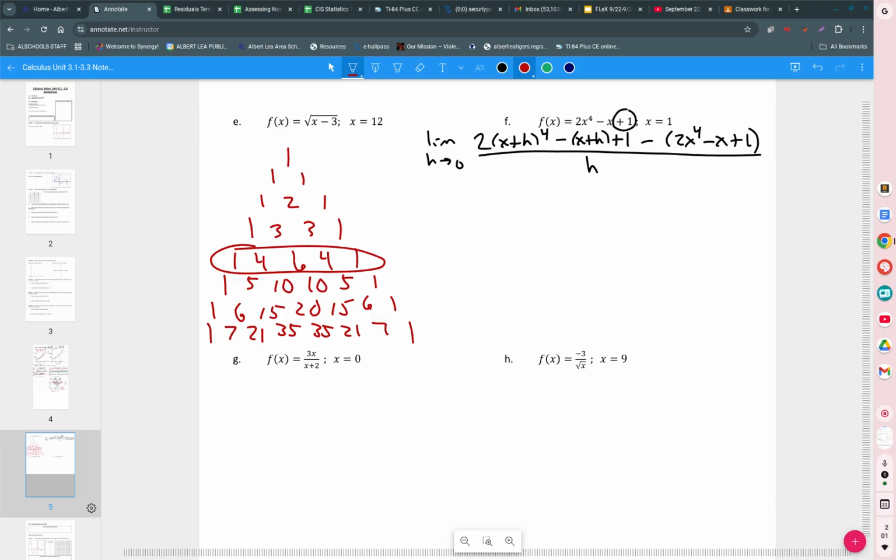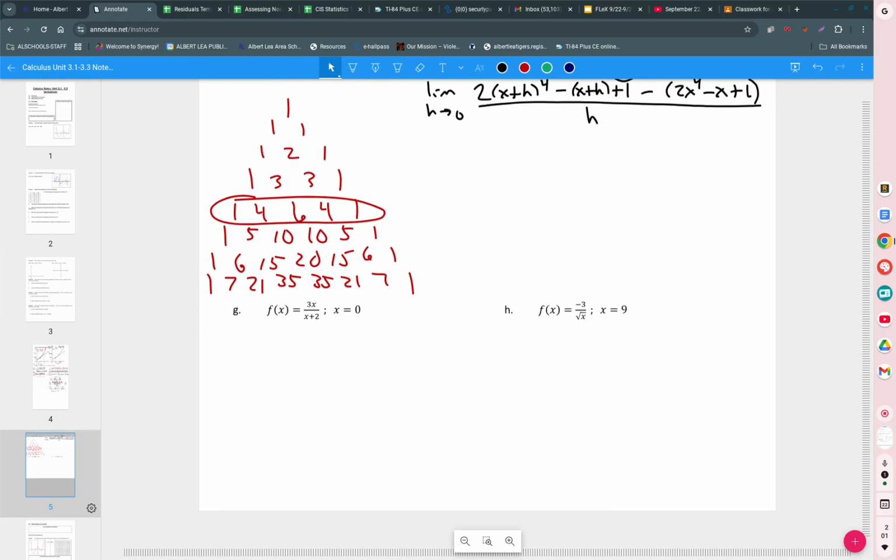Okay, all right. I'm going to use the space down here because I'm afraid you guys might not have enough room. But we have the limit, as h goes to 0. You can write it down here if you want.